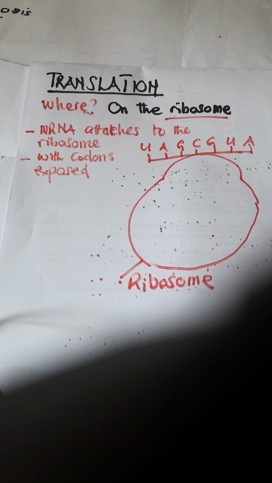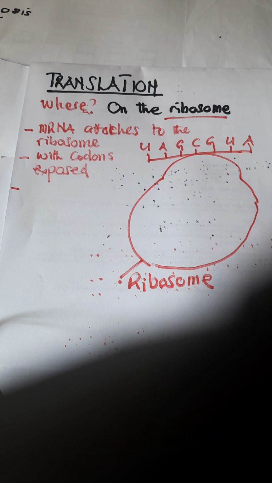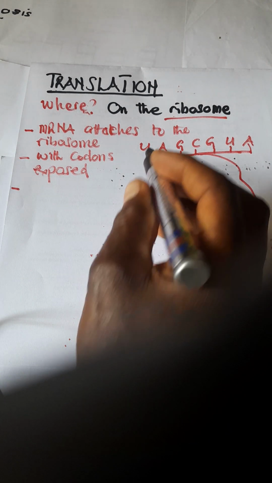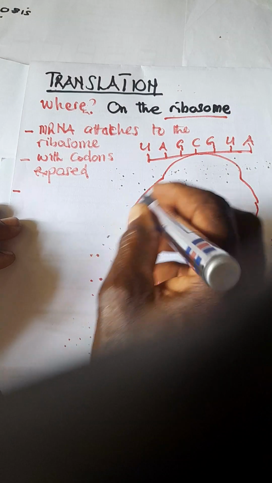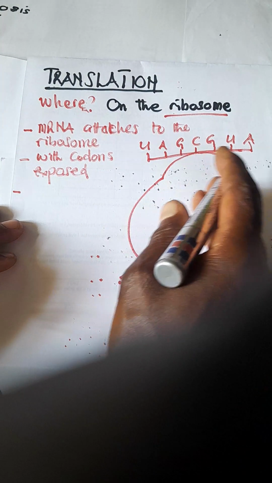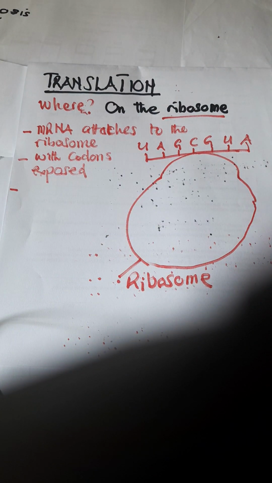So what happens here is that now I have to introduce something new. Having had these codons, the tRNA within the cell, we have many types of tRNA.